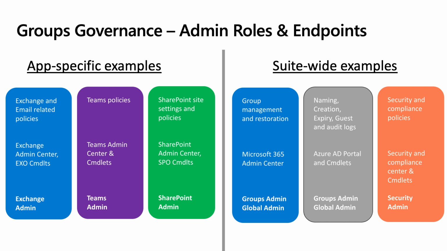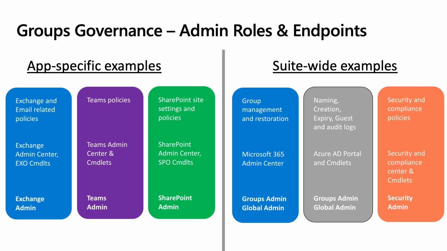The second set of policies that we apply, mainly from the groups platform, are what we call suite-wide policies. These are options that are available across all the apps that are powered by groups. And these policies are mainly defined in three portals. The primary one is the Microsoft 365 Admin Center. The second one is the Azure AD portal. And the third one is the security and compliance admin centers.